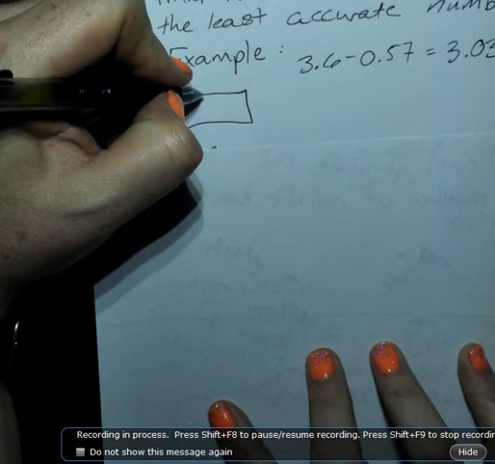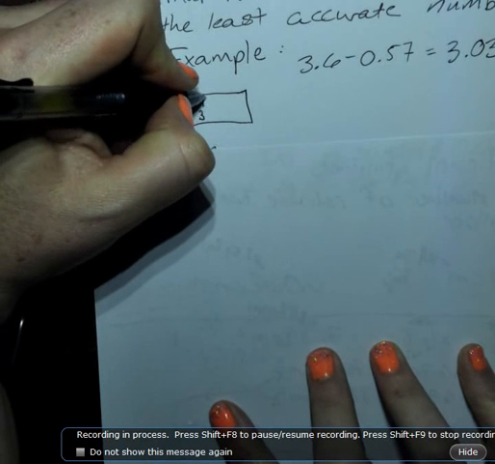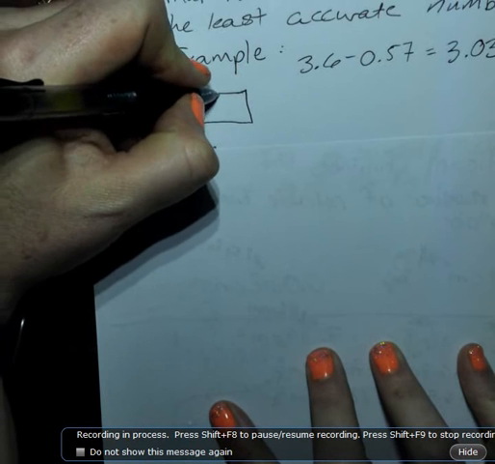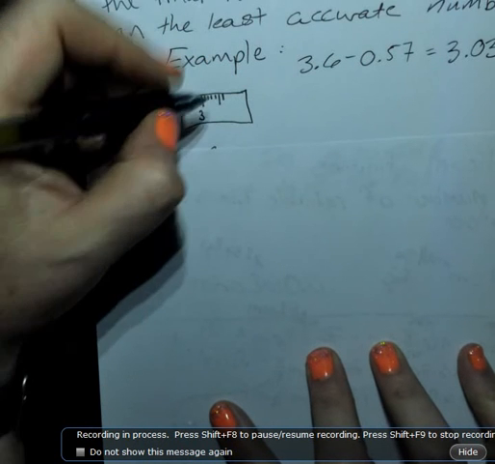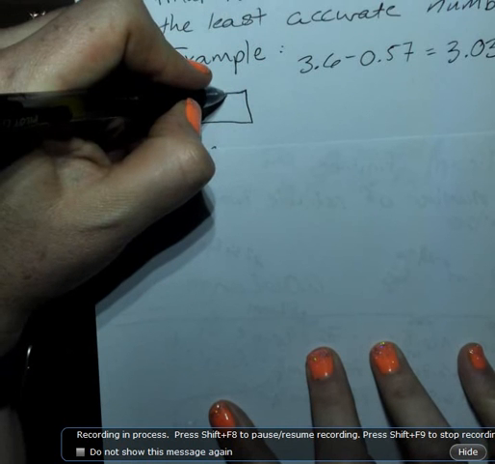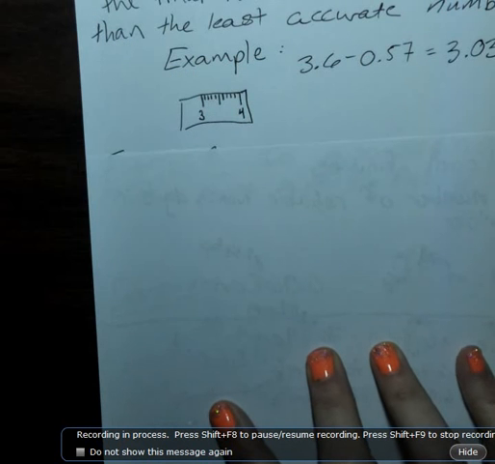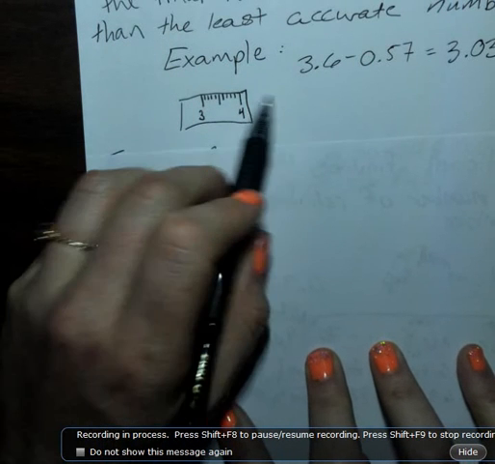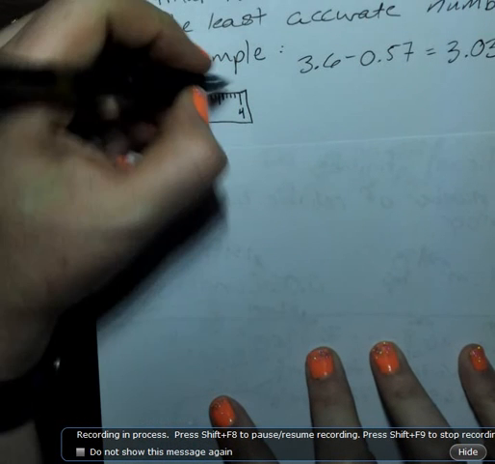Imagine, if you will, that you have 1, 2, 3, 4, 5, 6, 7, 8, 9, 10, and that's a 4. All right, so on this meter stick right here, on this tiny little piece that we're taking a look at, 3.6 would be right here.